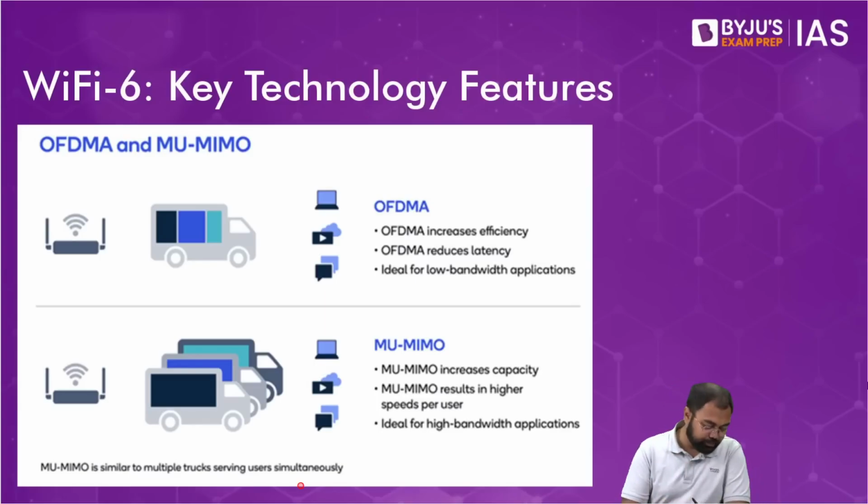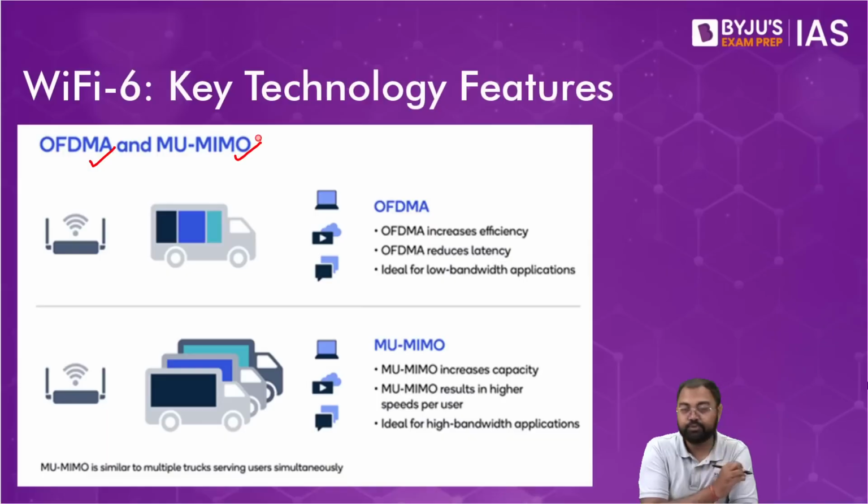There are two major technological changes: one is OFDMA and the second is MU-MIMO. OFDMA stands for orthogonal frequency division multiple access, and MU-MIMO stands for multiple user, multiple input, multiple output. We'll try to understand what these technologies are and what difference they make in Wi-Fi 6.